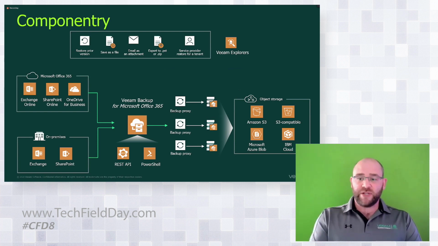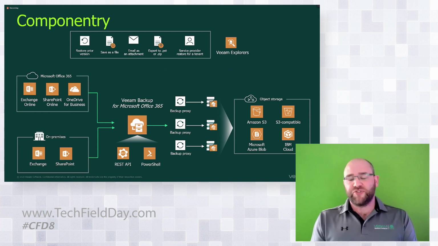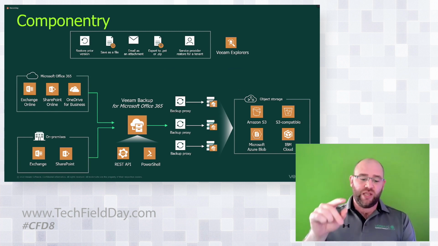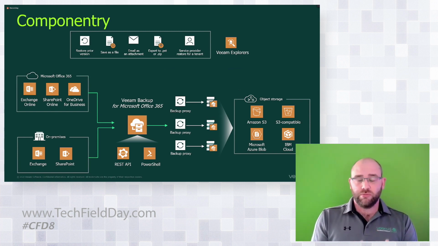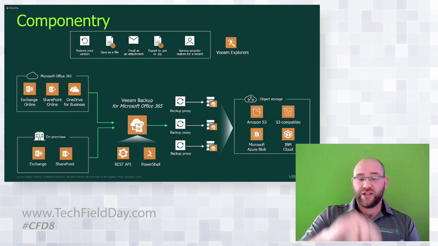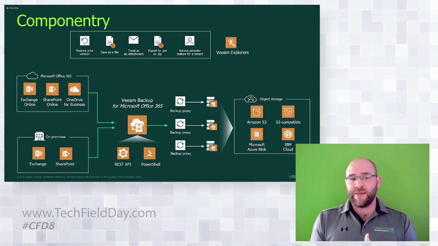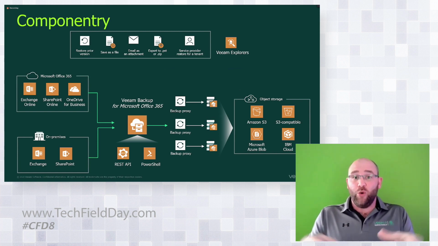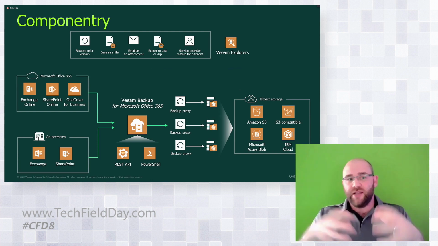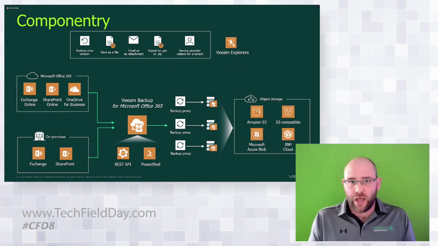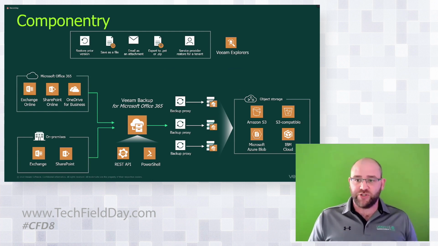So within Veeam Backup for Office 365 today, we have the Exchange Explorer, the SharePoint Online Explorer, and the OneDrive Explorer. Those Exchange and SharePoint Explorers are exactly the same ones that we use for Veeam Backup and Replication, and they can be used either on that all-in-one box, or they could be installed elsewhere remotely on a client type configuration.